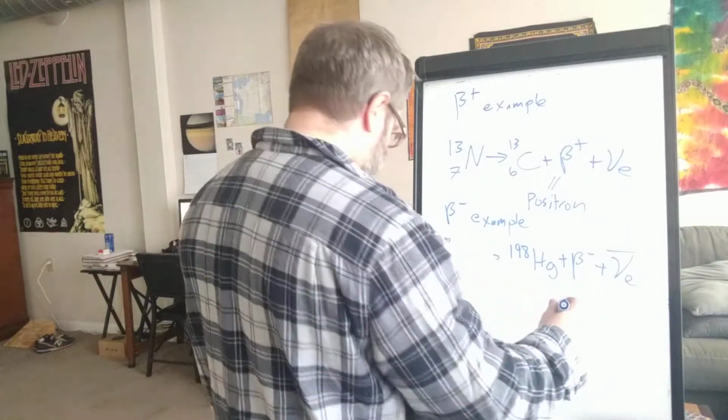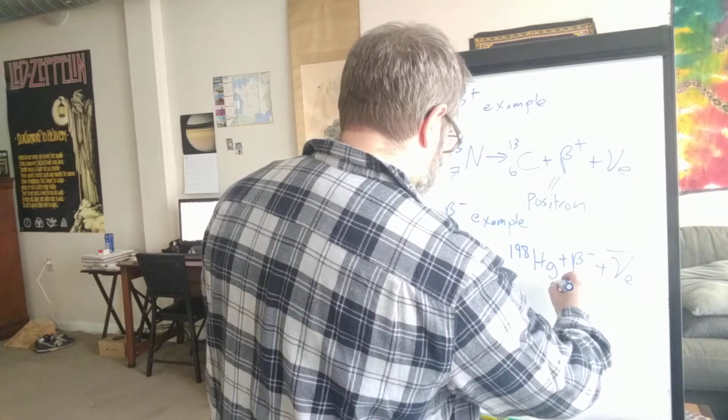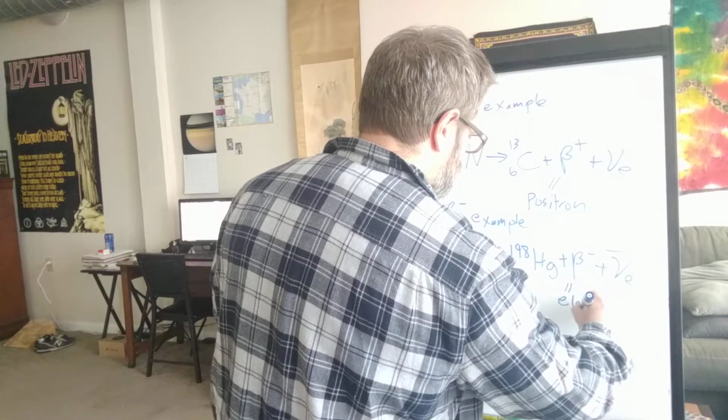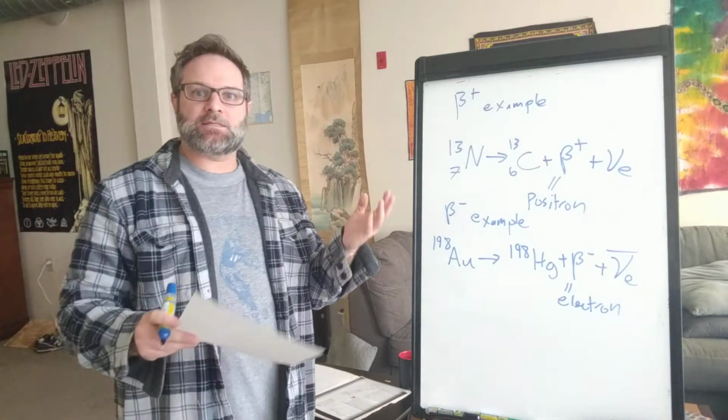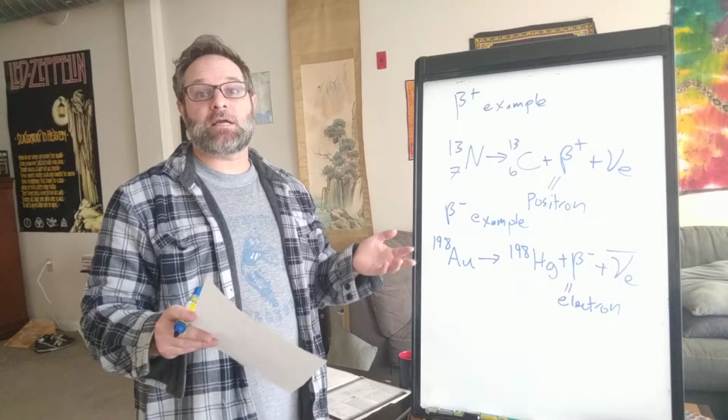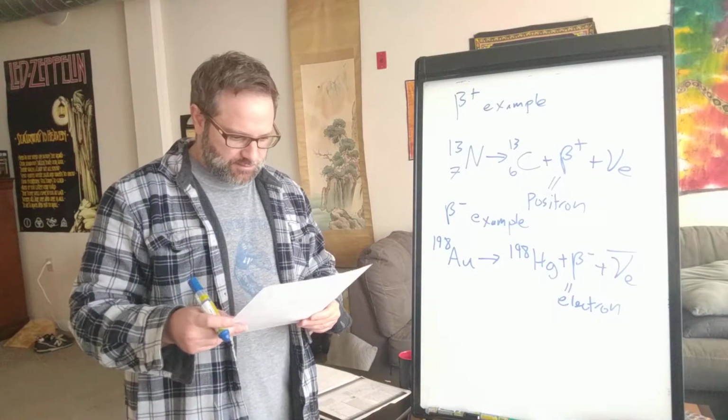So that beta particle here, of course, is an electron. So these beta decays are really energetic electrons or positrons.